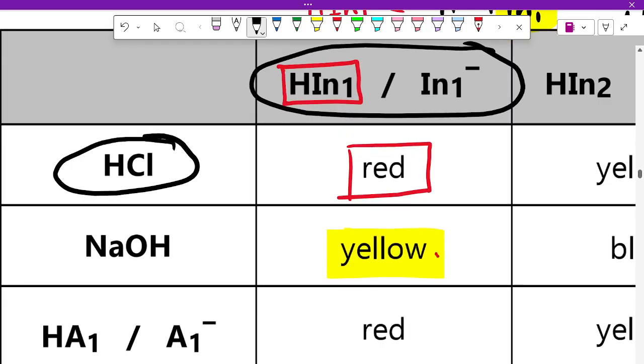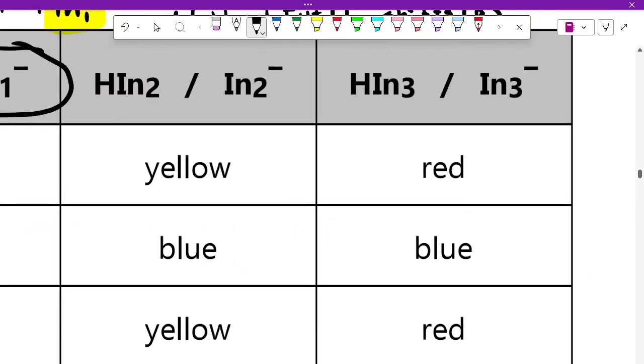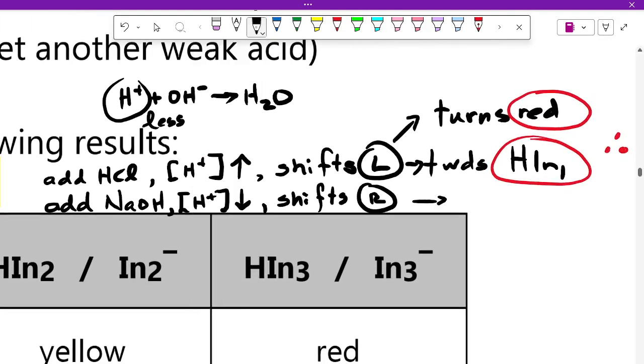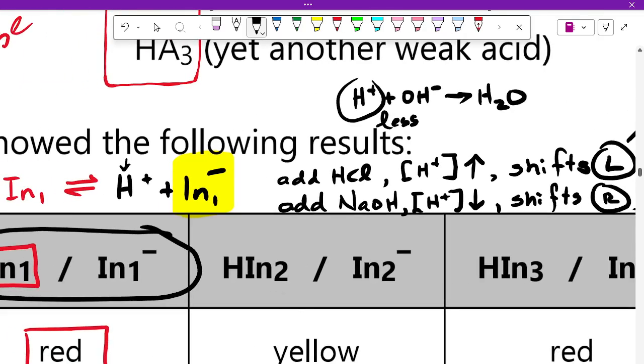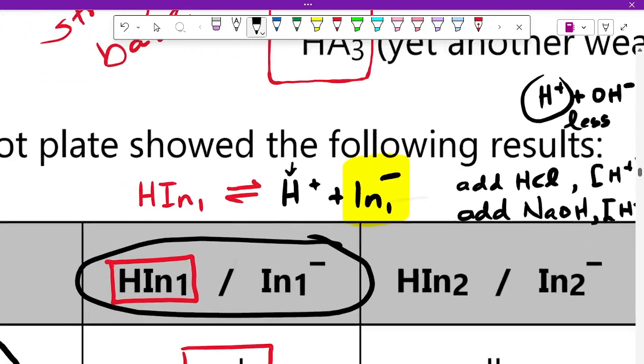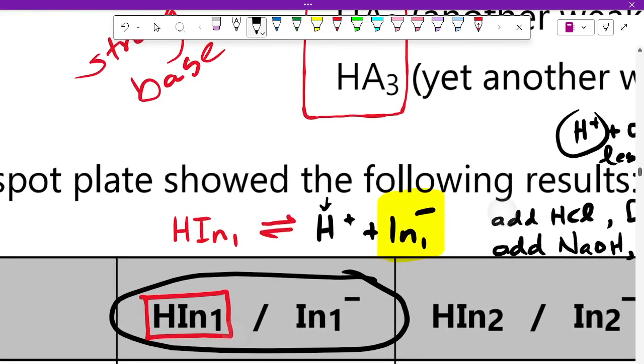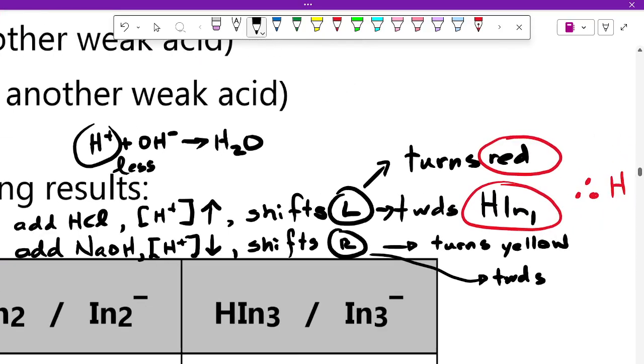When we added NaOH, it turned yellow. And it shifted towards the right. And what's on the right of that equilibrium? H plus and In minus. H plus has no color, therefore it must be In minus that is yellow.